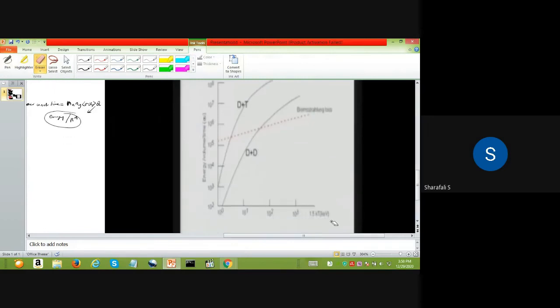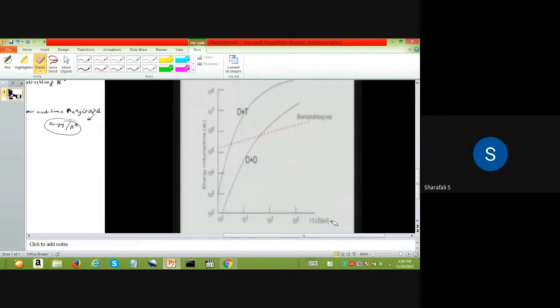Here you can see the y-axis is energy, and this is kT. kT means nothing but the temperature variation, so this is also energy.